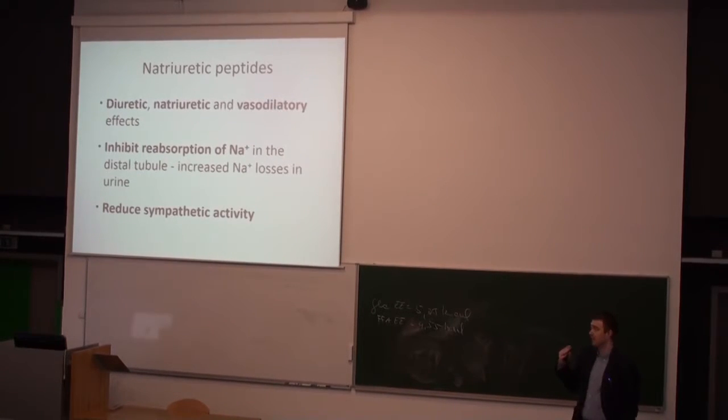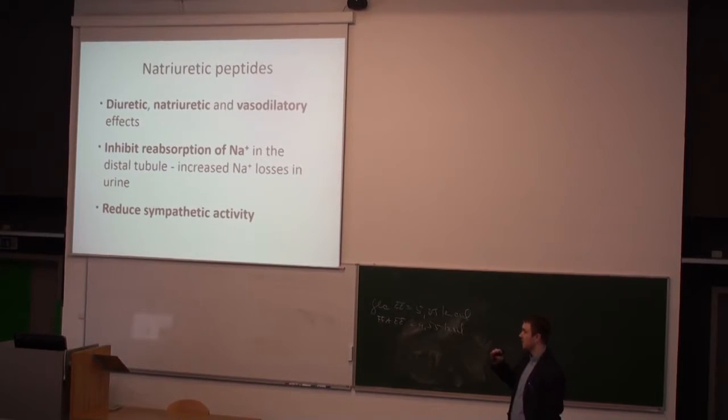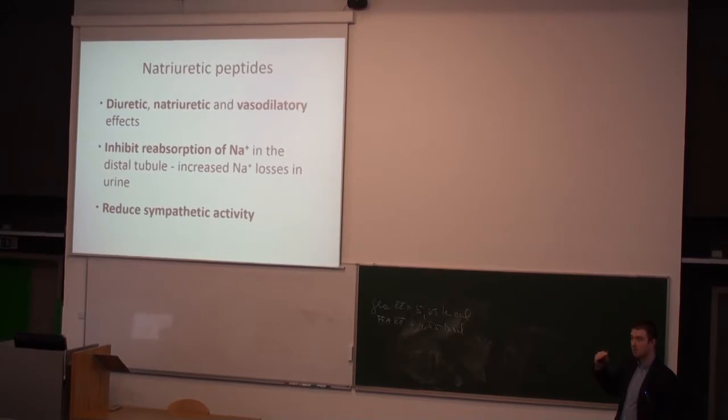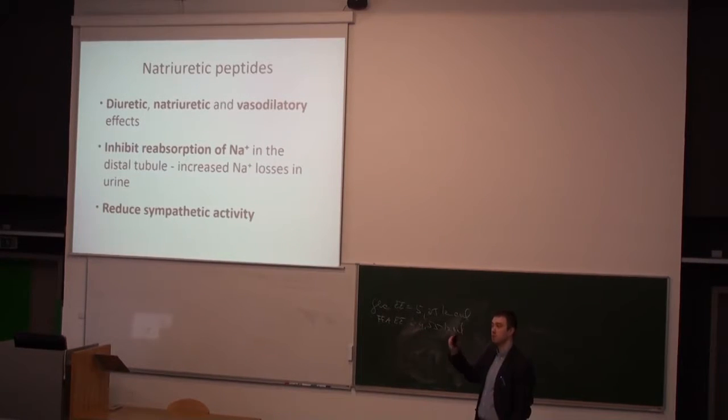That means that they will increase the losses of sodium in the urine. If you combine it with the knowledge that where there is sodium, there is water, then it's logical that they will also have a diuretic effect. That means they will increase the losses of water, that means they will produce diuresis, the total amount of urine.